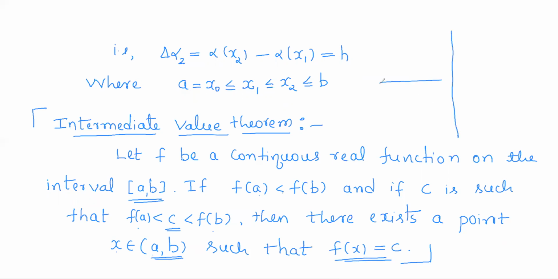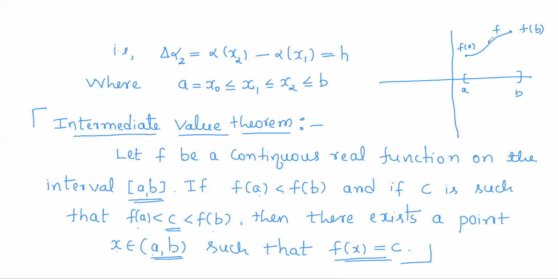So graphically, suppose f is a continuous function in the closed interval a comma b. Say this is f of a, this will be f of b. So it is continuous. Starting from f of a till f of b, we have a continuous flow of images.